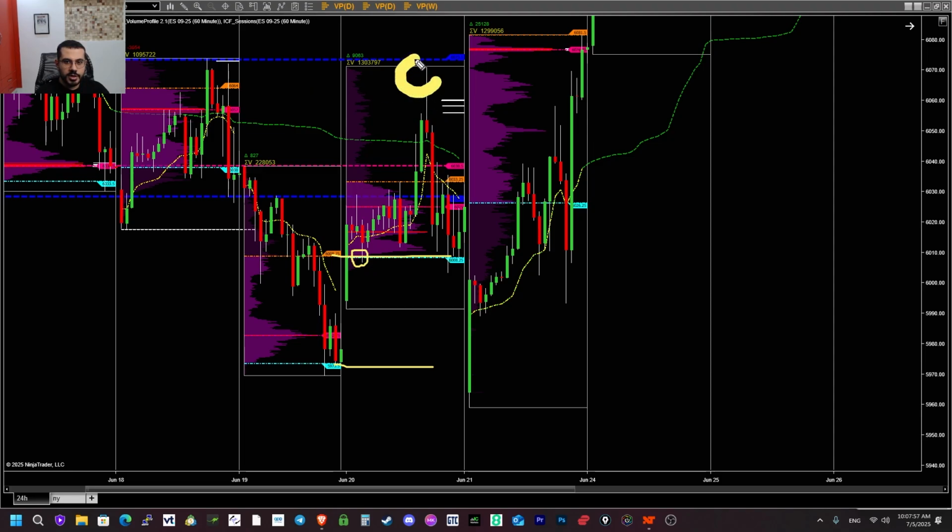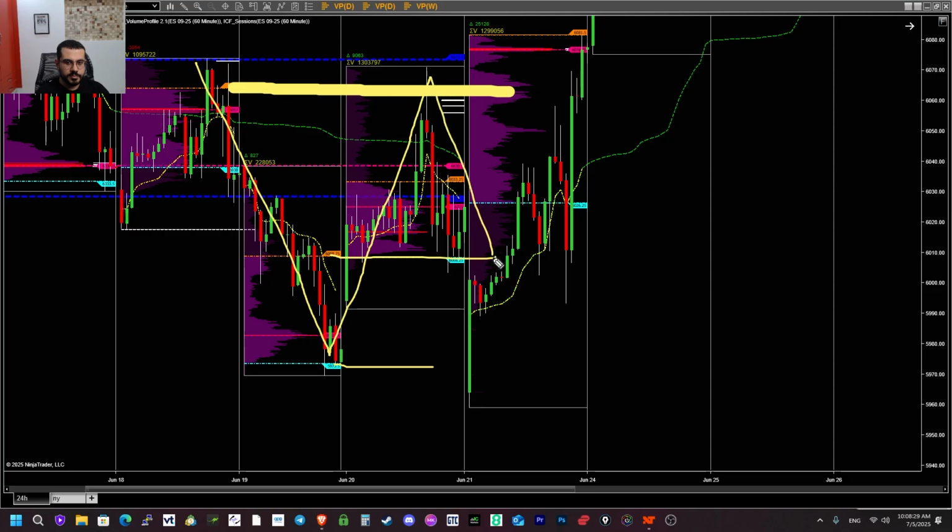So now, why does the market reject here? Let me clean that line. We went up here and we touched the value area here. We touched the value area here on the day before yesterday, okay? And on this day we came up, we basically had a correction for this leg down here, okay?